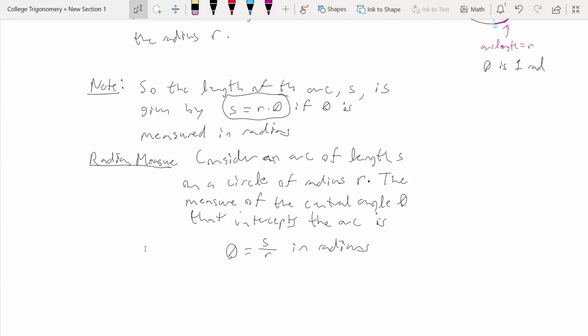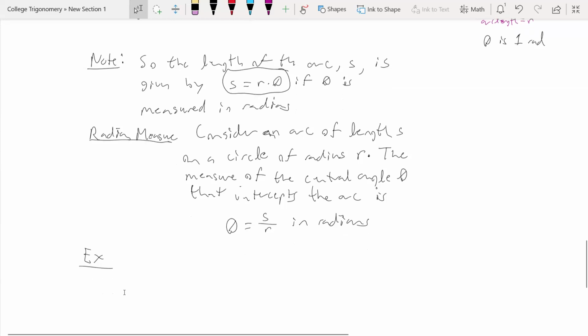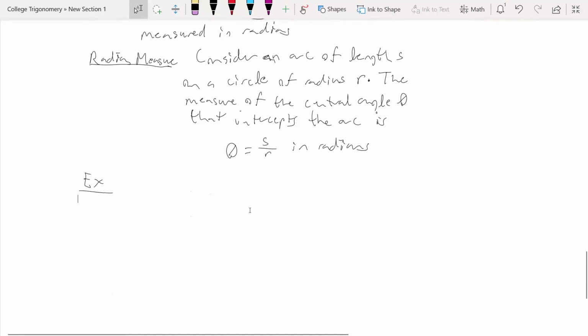All right, so let's do an example just so we can use the formula and see how it works. A central angle, theta, in a circle of radius, let's say 12 feet. It's a big circle.